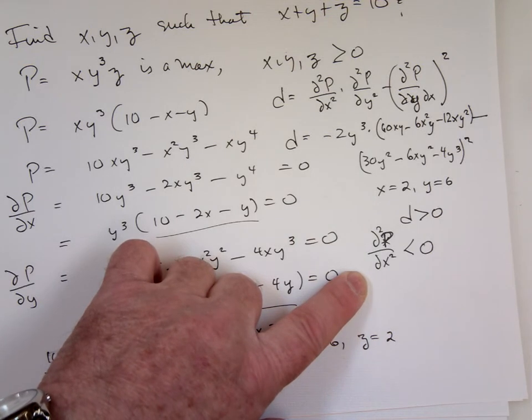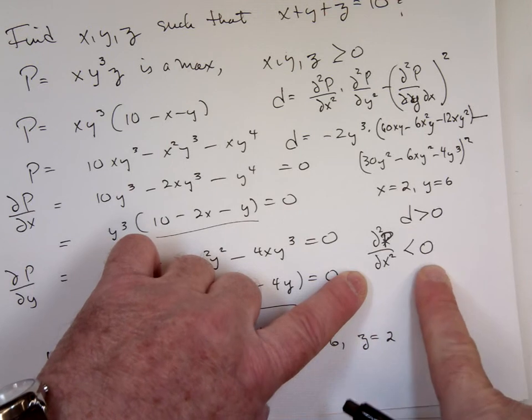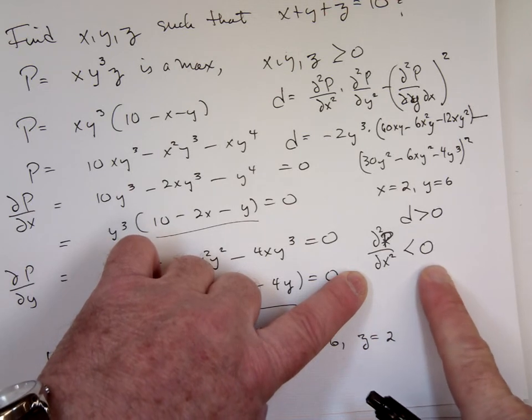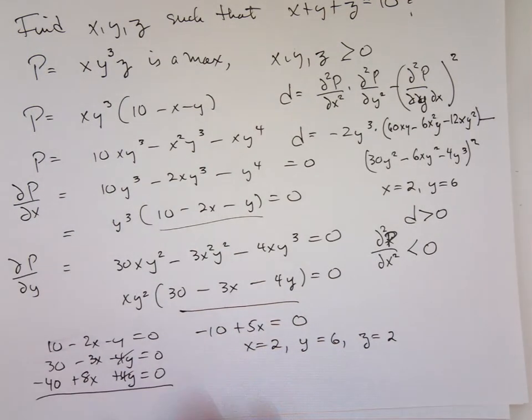Second partial with respect to x greater than 0 gives you a relative min. And you should realize, although it's not going to come into play, that if d is less than 0, you have a saddle point. And if d equals 0, the test fails in general, and that's kind of a nightmare. You have to look at the function and see what's happening, because this test could fail.